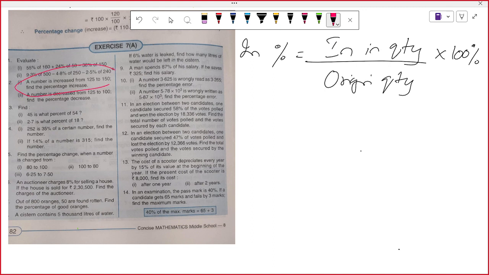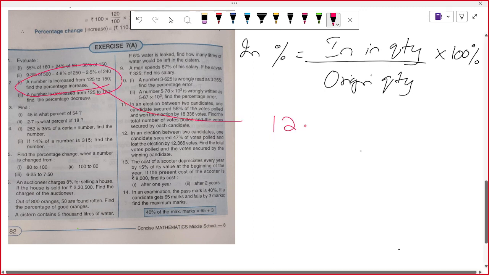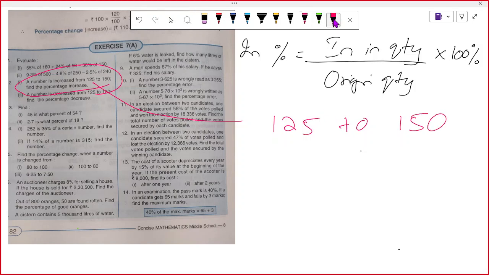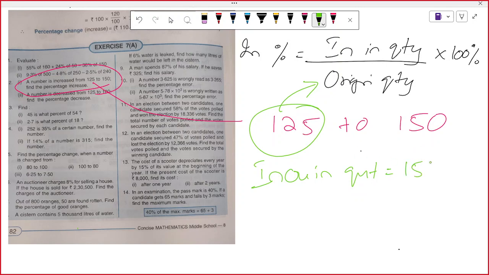In this first question, a number is increased from 125 to 150. Which is the original quantity? 125. So we got the original quantity, and we have to find the increase in quantity. So write the next step: increase in quantity. How do you find the increase in quantity? Greater number minus lesser number, right? 150 minus 125.